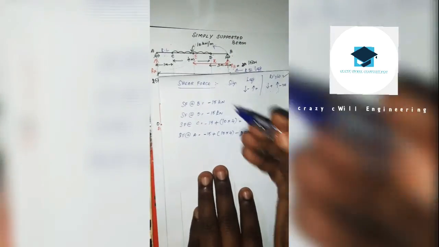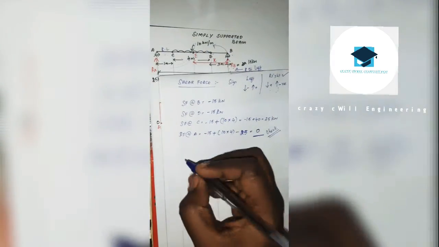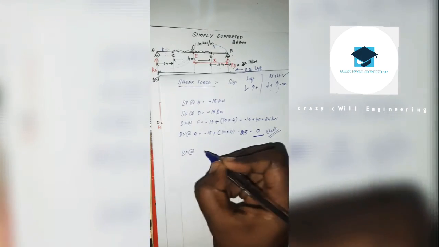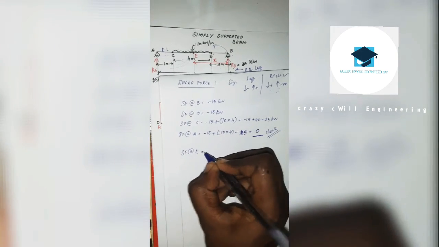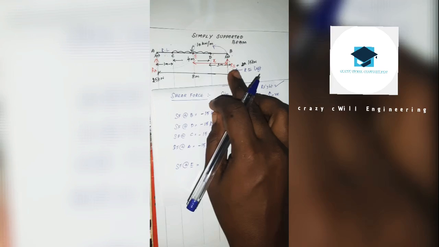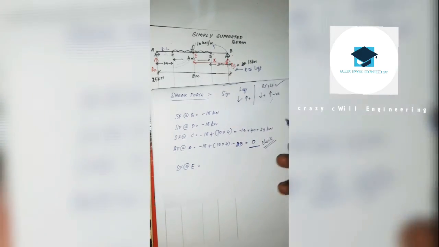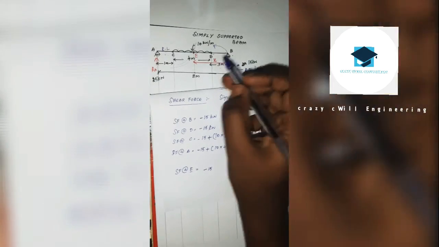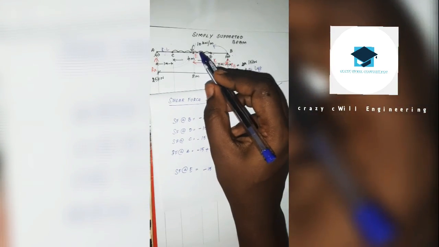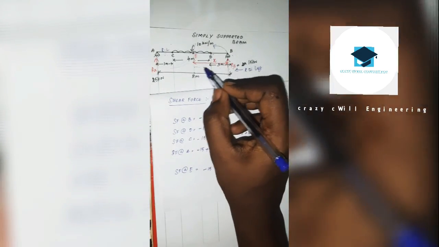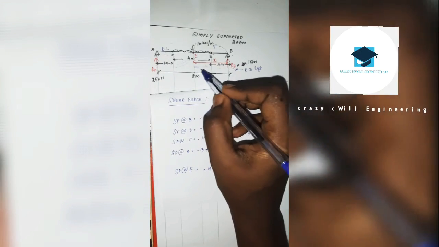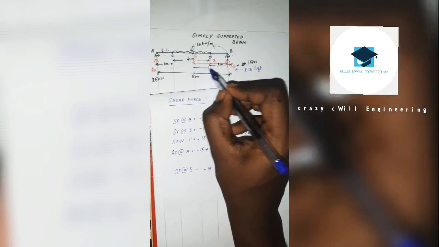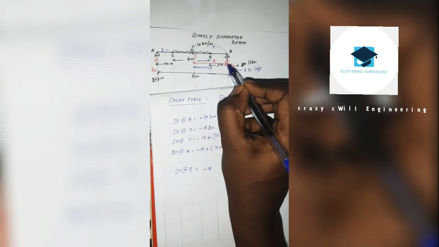So shear force at E equal to: RB is acting upward. Upward means put minus sign, minus 15. And UDL is acting here. What is the distance of the UDL here? This whole span is x.